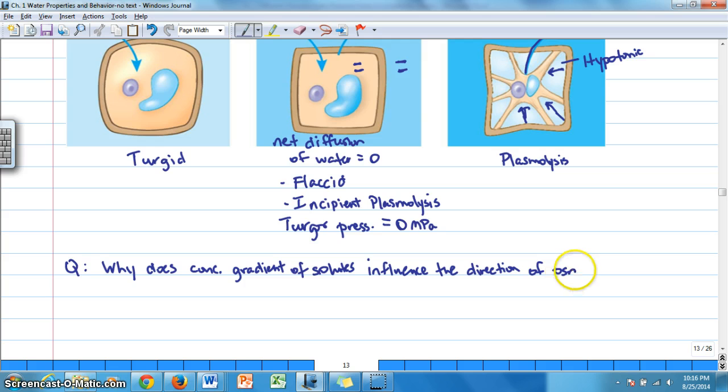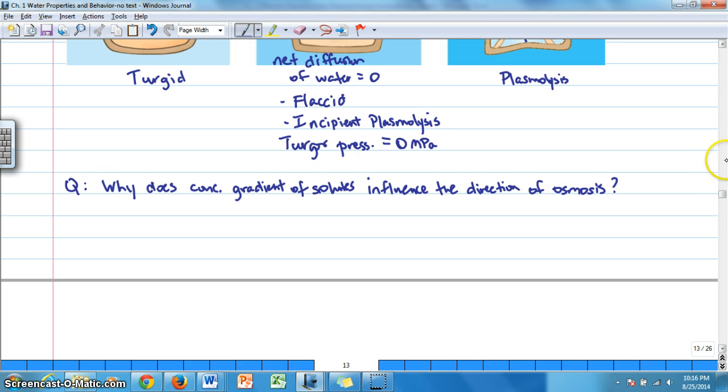Or we can just say, for short, why does it influence the direction of osmosis?